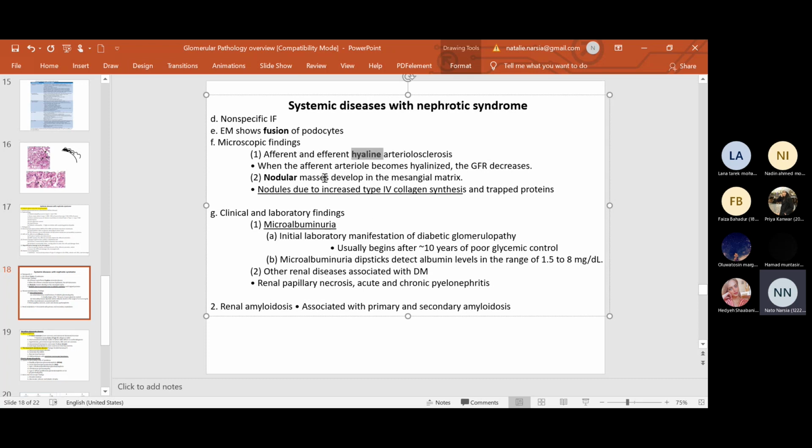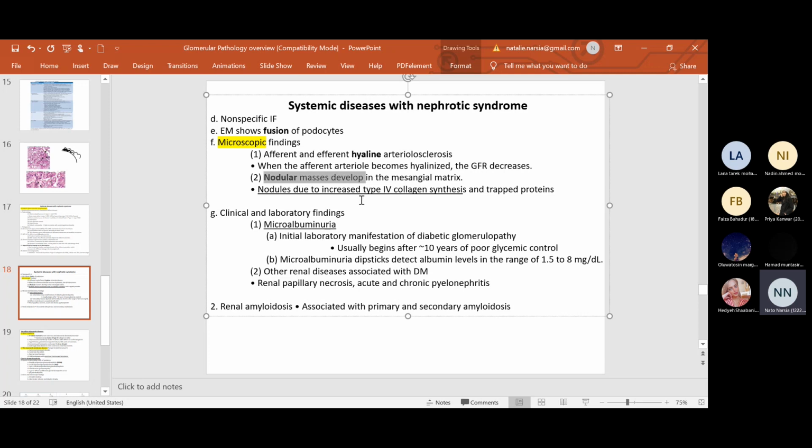Here it is not given, but efferent, guys, is most commonly affected. Also microscopic, that is important: hyaline arteriolosclerosis you should find, and nodular masses. And what are these nodular masses, guys? In the mesangial matrix, nodules due to increased type 4 collagen synthesis, trapped proteins.